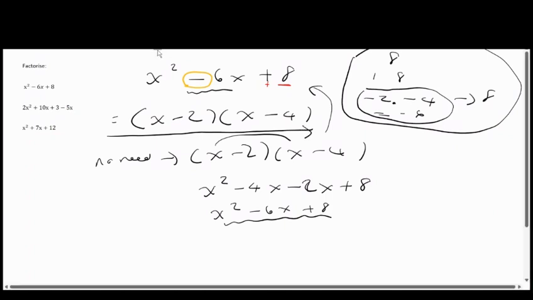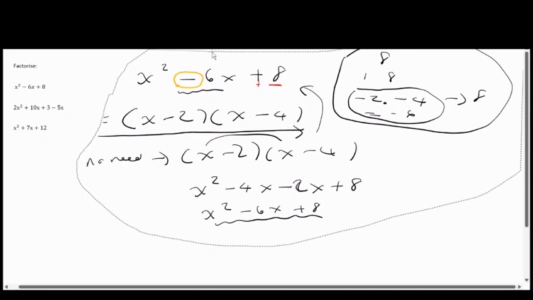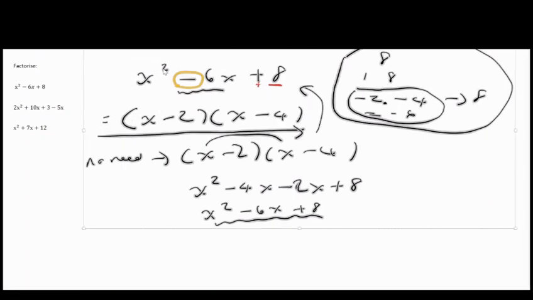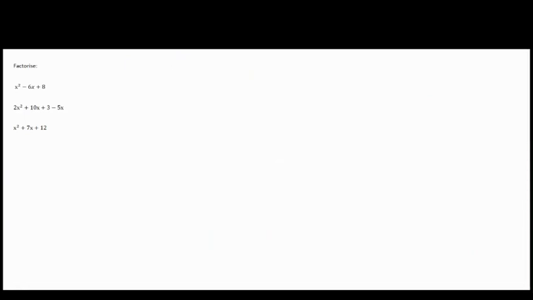Let's look at the second question. Second question goes as follows: 2x squared plus 10x plus 3 minus 5x. Now, we are going to look at like terms in this case.